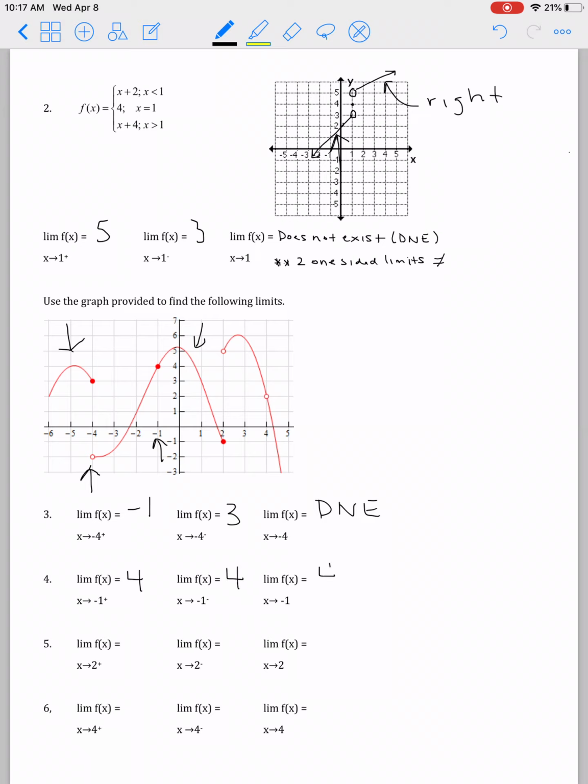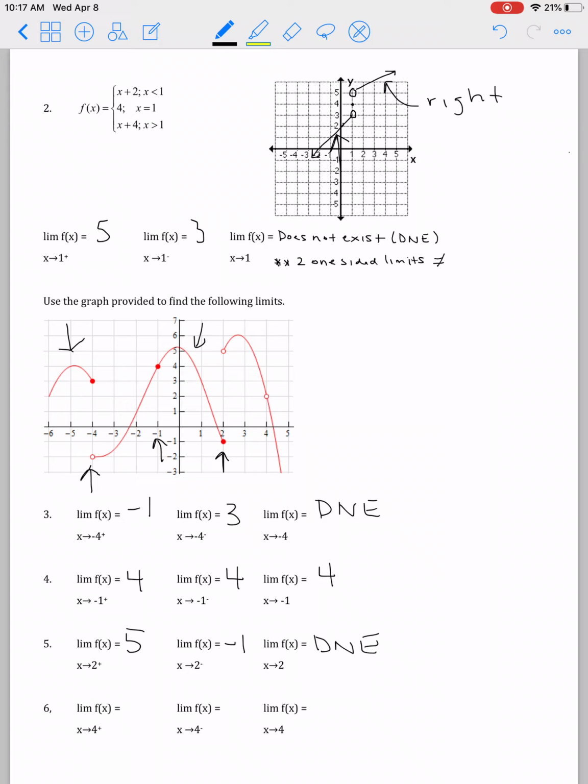Both of my one-sided limits are the same, so that limit is 4. Now, the next one, we're going to look at 2. Coming in from the right, my y-coordinate would be a 5. And coming from the left, my y-coordinate would be a -1. Those are not the same, so that limit does not exist.